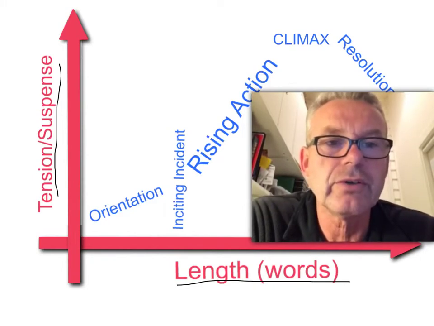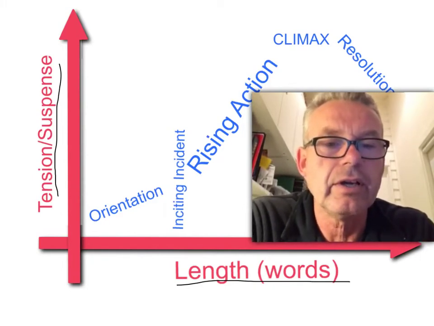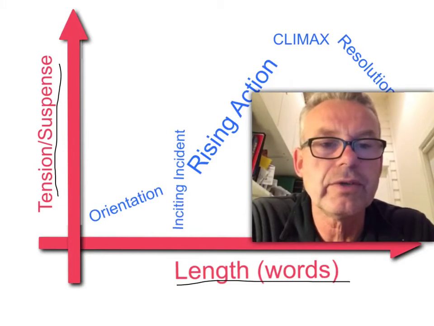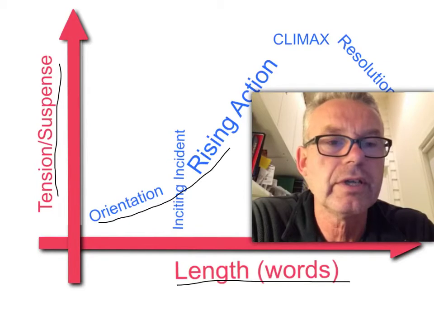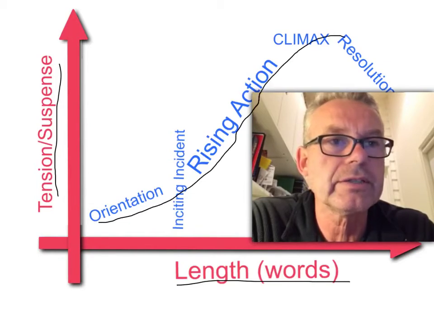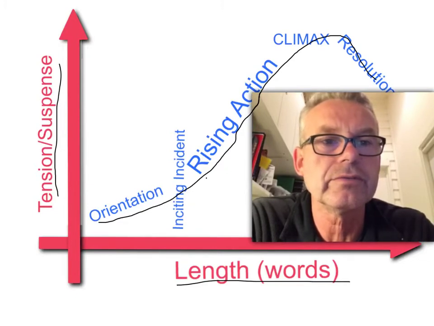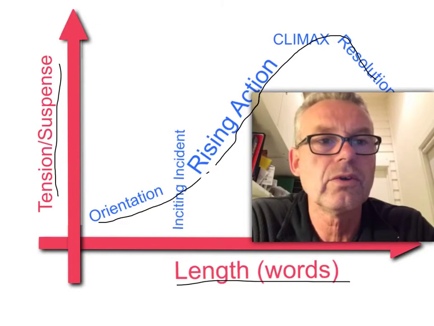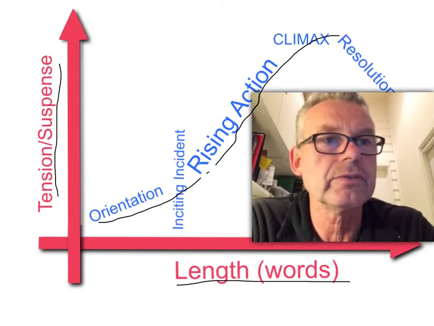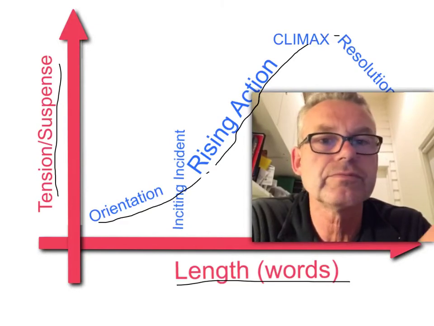Every short story is going to have its own kind of ups and downs, but basically we want the tension to slowly rise, increasing to a climax, and then to come down slowly in a resolution.